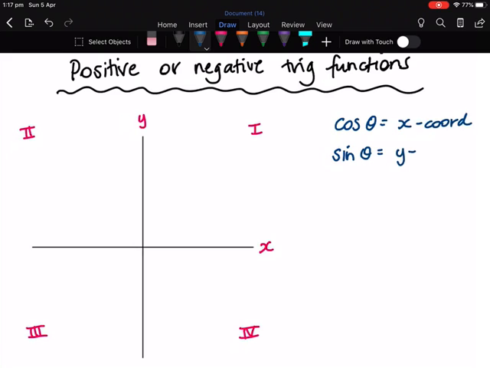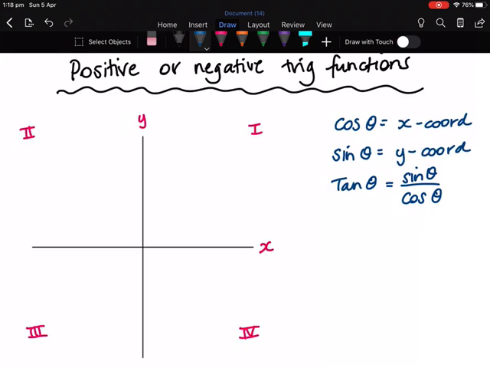We've got the sine of theta is equal to our y-coordinate, and we know that tan of theta is equal to the sine of theta divided by the cosine of theta.